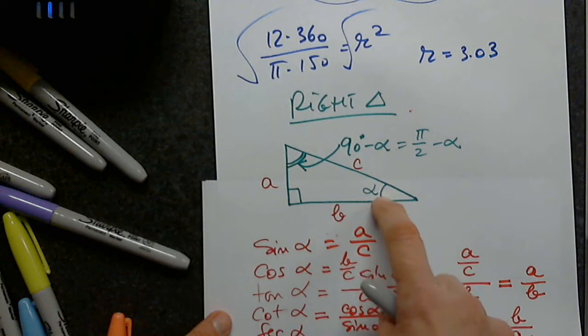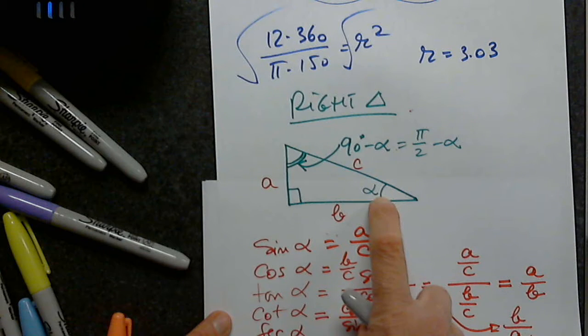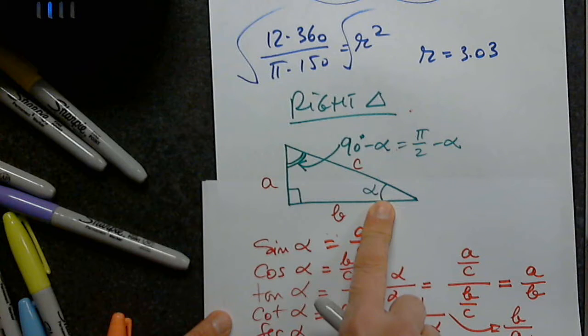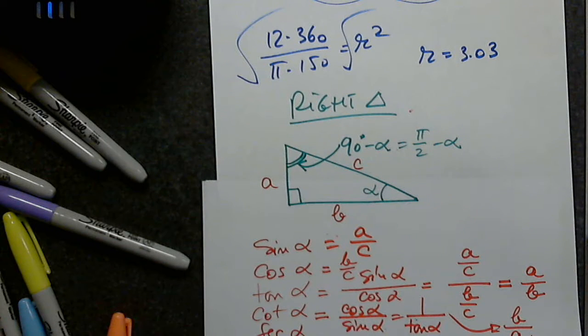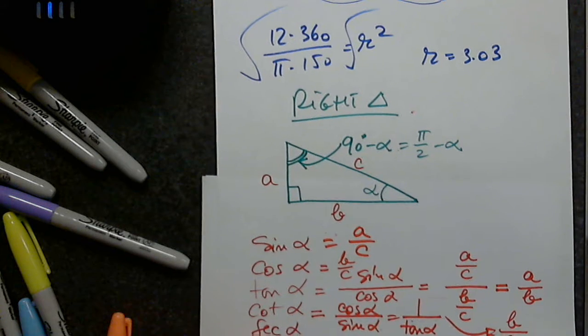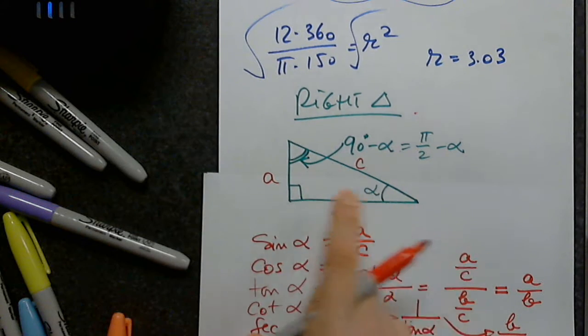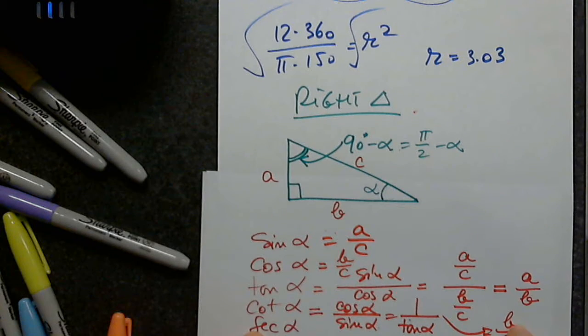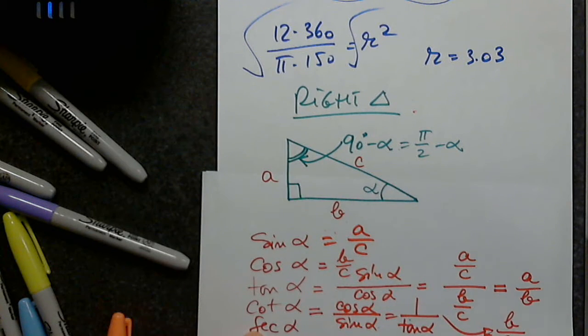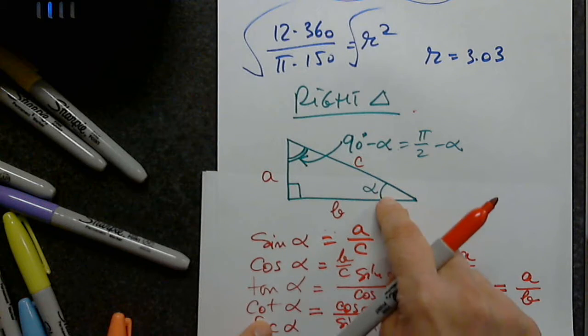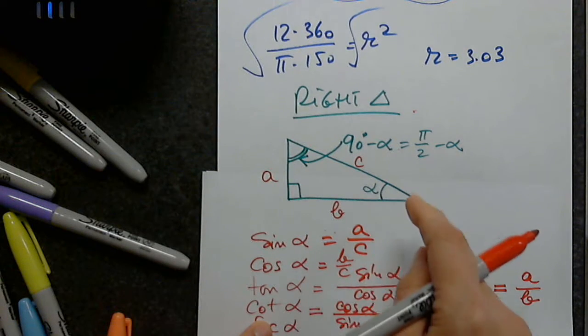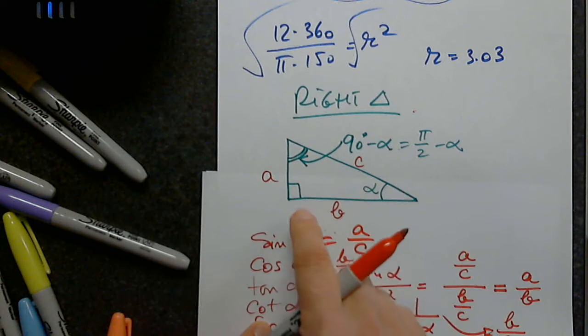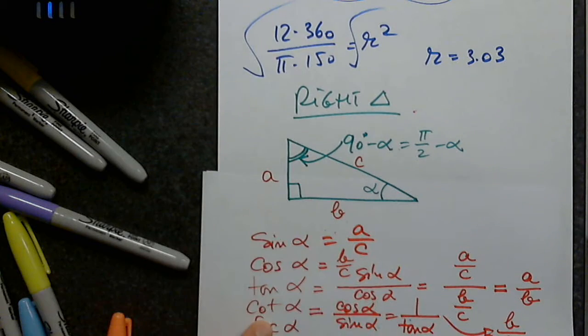Cotangent alpha is a function, like I cannot say f, I have to say f of x equals, right? So if I want to determine cotangent 30 degrees, I will create the ratio b over a, and I'll give you the answer.